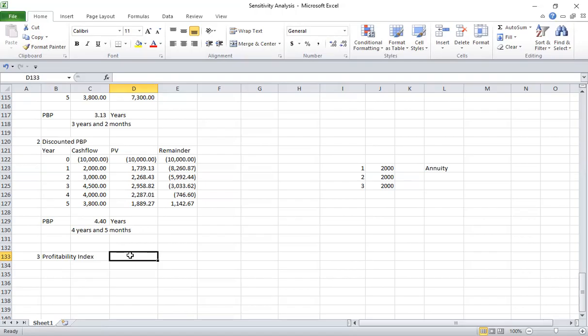What is the formula for the profitability index? The present value of cash flows divided by initial capital. The present value of cash flows you divide by the initial outlay.